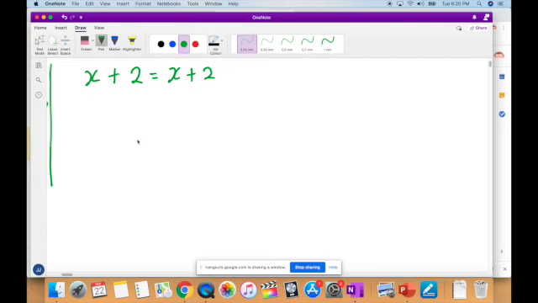Remember when we were talking about addition and we were saying that this is a unit, this is a unit, and the addition sign just separates the units? However, addition is commutative, so this could also be written as 2 plus x. Okay.